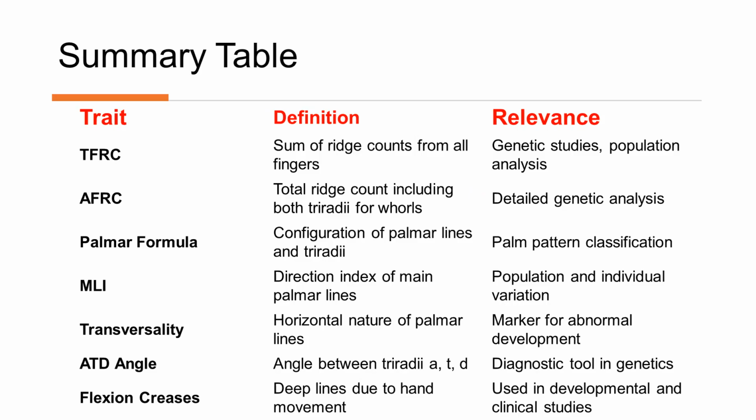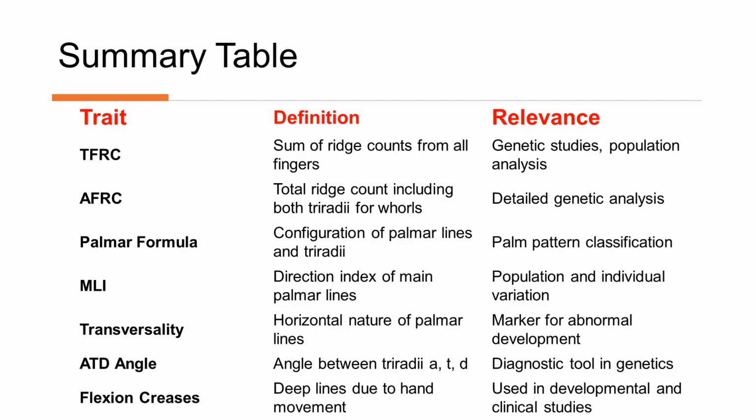TFRC: sum of ridge counts from all fingers; genetic studies, population analysis. AFRC: total ridge count including both triradii for whorls; detailed genetic analysis. Palmar formula: configuration of palmar lines and triradii; palm pattern classification. MLI: direction index of main palmar lines; population and individual variation.